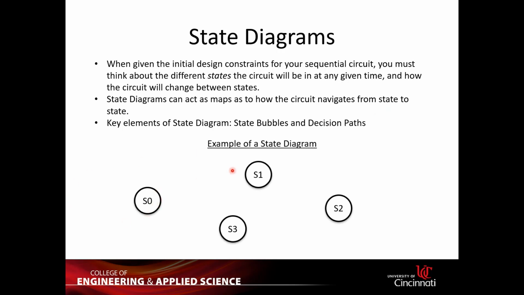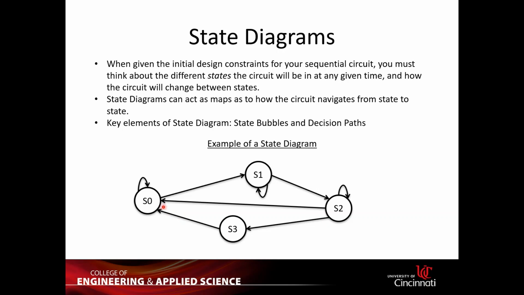For example, if you have 4 different states here, each of these circles is a state bubble. You can make a path that transitions from one state to another state. Let's say you can have different input combinations.